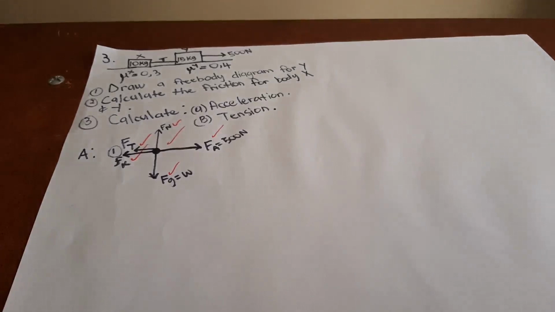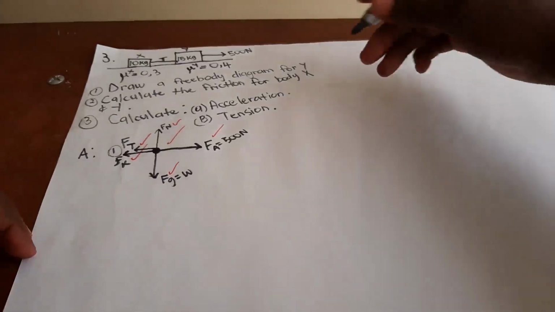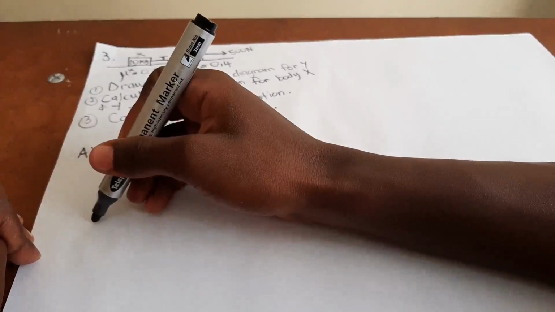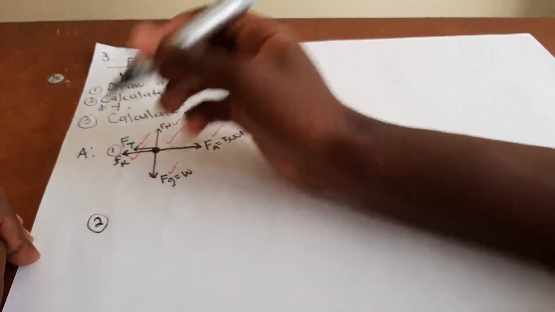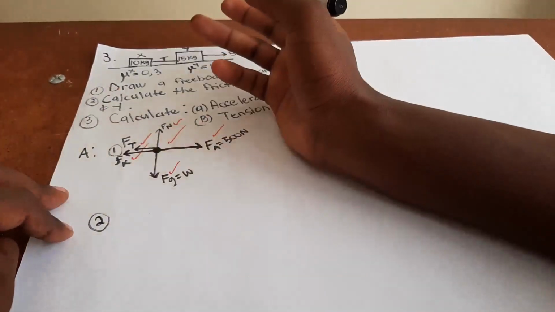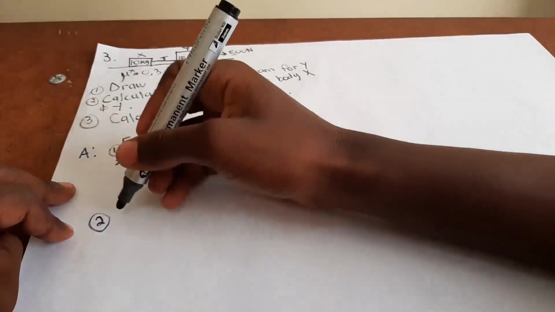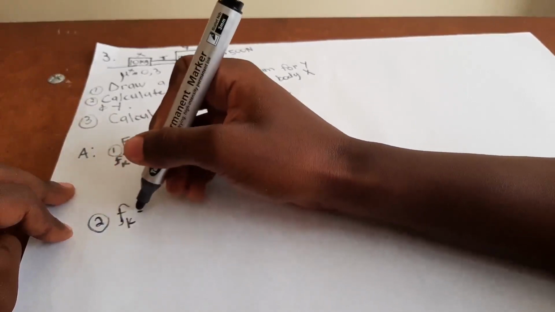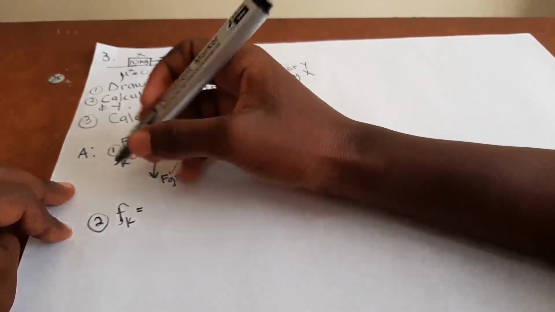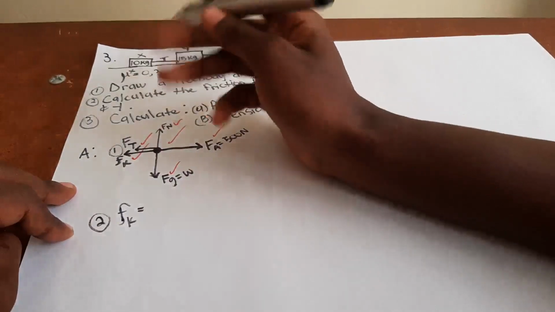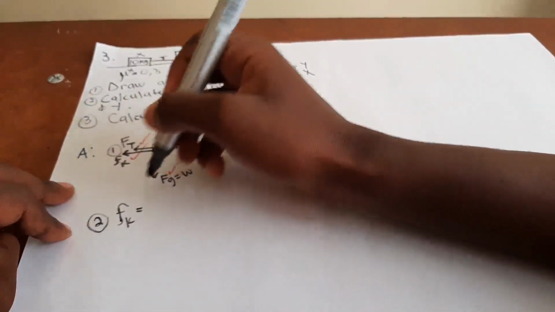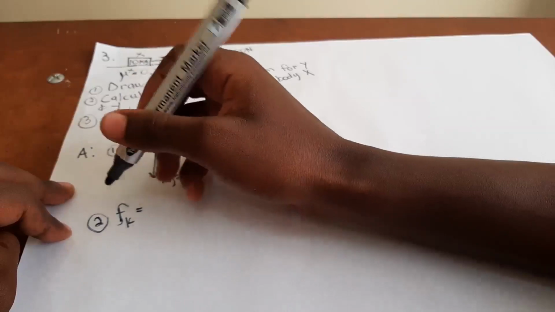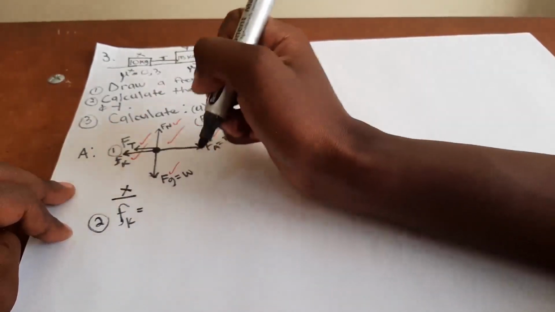So let's move to the second question, which says calculate the friction for body X and body Y as well. Number two is very easy. Let's start for X. So we're calculating for X now.